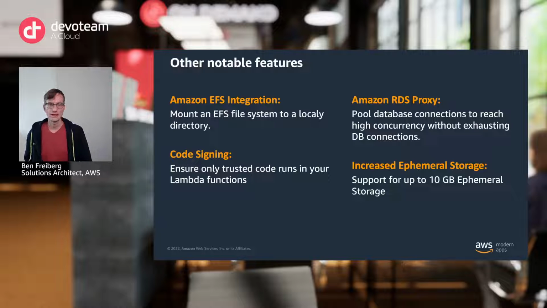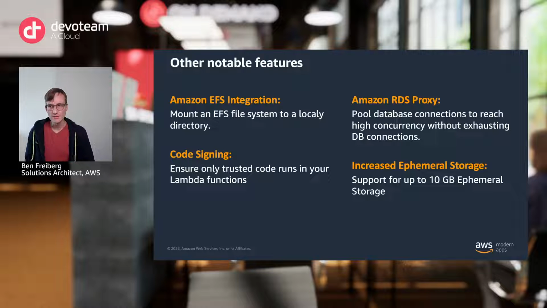That's why Amazon RDS Proxy exists. It sits in the middle. Your Lambda functions don't connect to the database directly, but connect to the RDS Proxy. The proxy keeps a pool of long-running existing database connections to the database. Whenever a database request comes in from a Lambda function, it will look at the existing database connections it has and use one of these to perform the task for the Lambda function. So you can really pool your connections at that point.